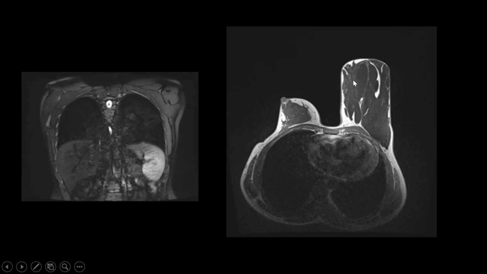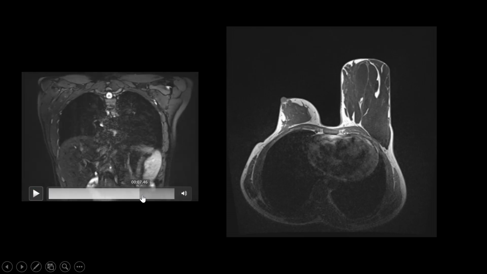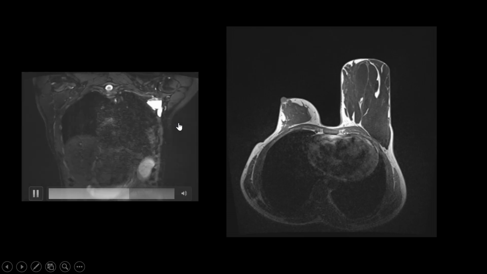Anteriorly, the cystic spaces reach up to the skin with no obvious evidence of infiltration. Posteriorly, there are maintained fat planes with the pectoralis major muscle as well. Posterolaterally, the lesion is also seen extending up to the axilla.